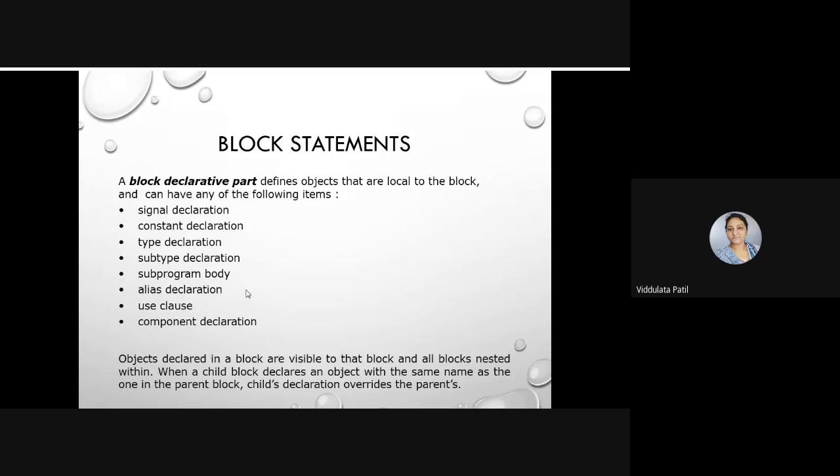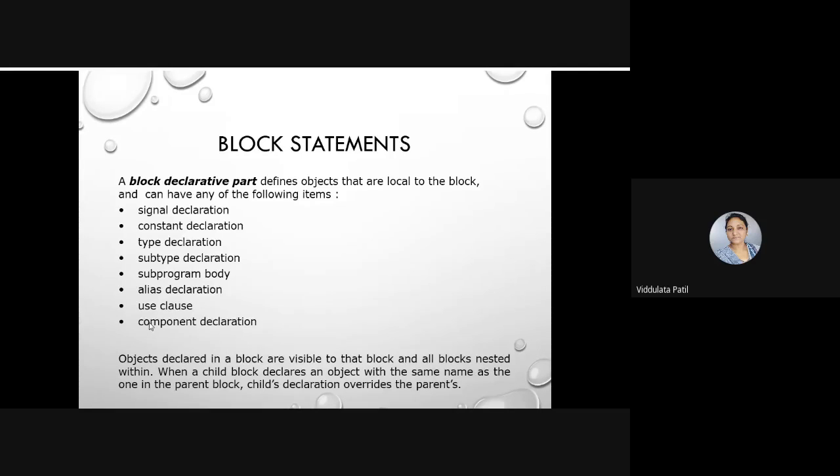So the block declarative part defines objects that are local to that block. That means these declarative statements will be used by only that block, and they are not available in the architecture body. So here we can have signal declaration in a block declarative part, then we can have constant declaration, type declaration, subtype declaration, subprogram body, then alias declaration, use clause, then component declaration.